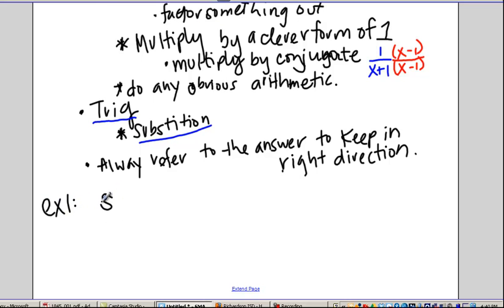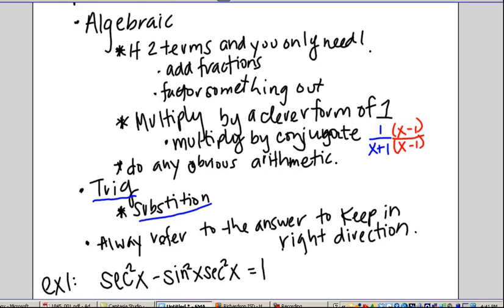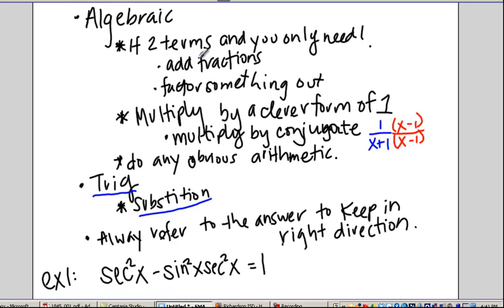First one is secant squared of x minus sine squared times secant squared of x. Okay, so going back to our hints for our algebraic terms. We have two terms. The first one, and here's the second one, and we only need one term. Okay, we can add fractions.